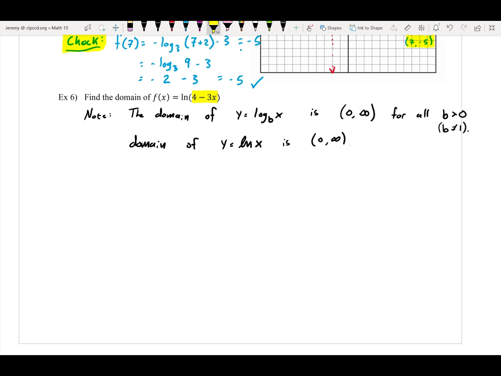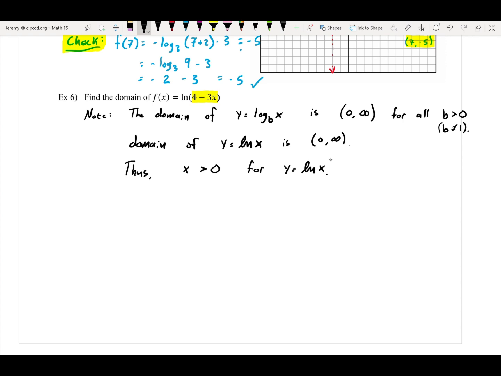So since the domain of the natural log of x is 0 to infinity, thus, whatever goes into the parent function, x has to be greater than 0, right? We're only allowed to put positive values into this function. So this is for y equals the natural log of x.